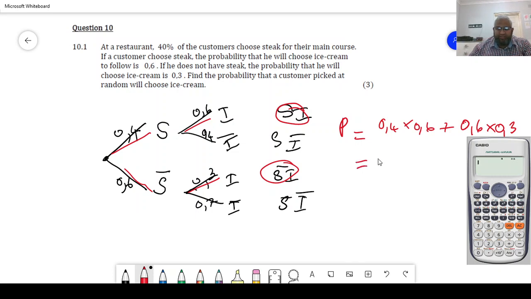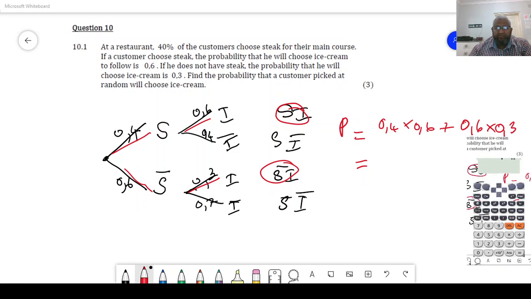We put that into our calculator: 0,4 multiplied by 0,6 plus 0,6 times 0,3. That gives us 21/50, which is 0,42. So that is simply 0,42.